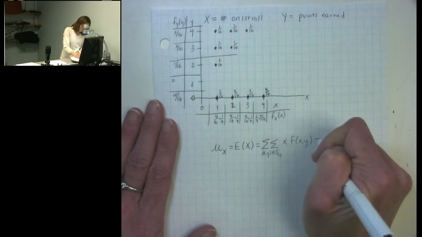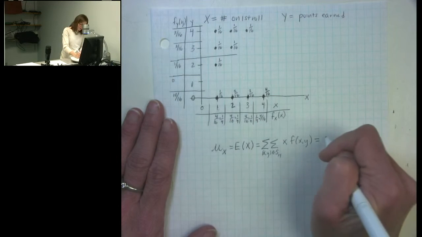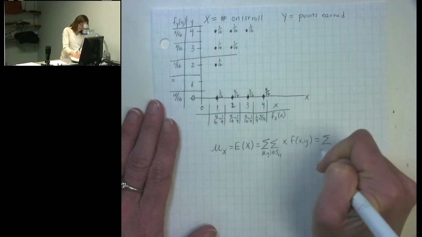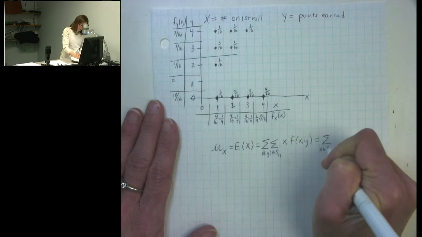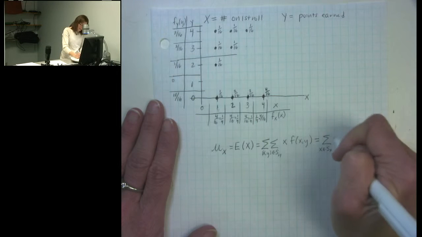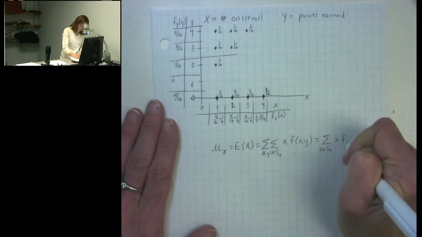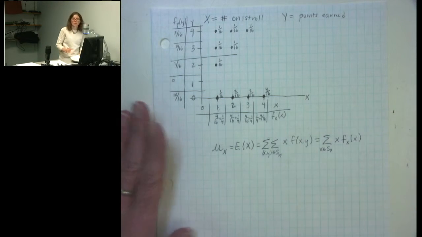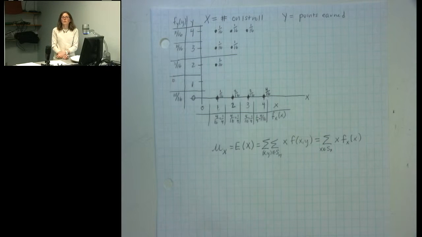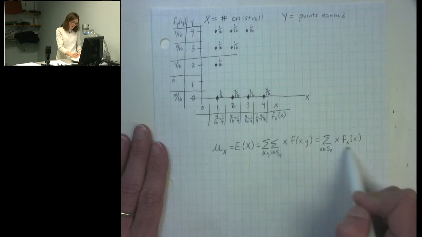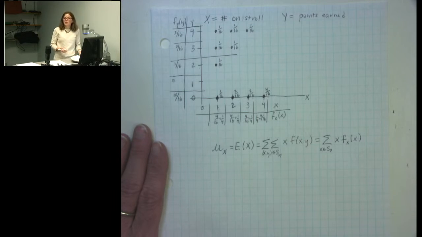This is equivalent, though. If we already have our marginal distribution, it's usually easier just to look at all of the values of x that are in the support of x and take x times our marginal, which is exactly what we're doing back in Chapter 2 when we're finding expected values. We're just taking the PMF. Really, this marginal PMF is the PMF for x, if we looked at it separately from y.